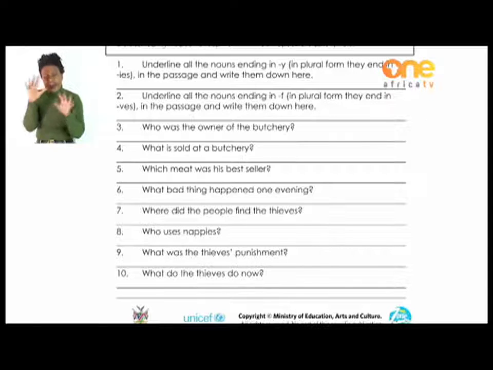Where did the people find the thieves? Who uses nappies? What was the thieves' punishment? What do the thieves do now? As I'm asking these questions, the answers are clicking into my head because I've read the passage.